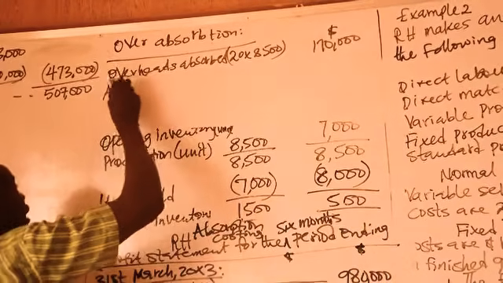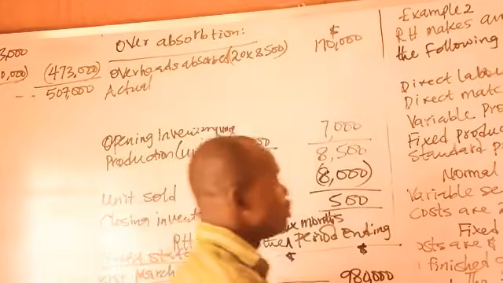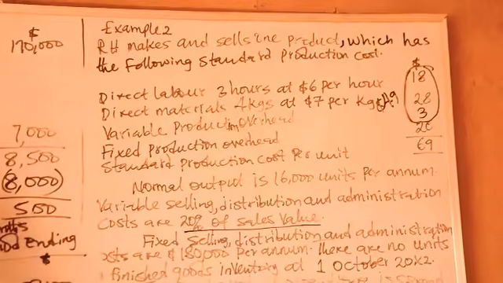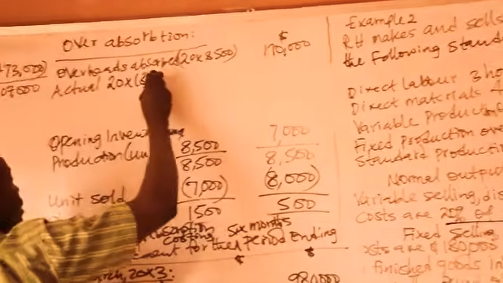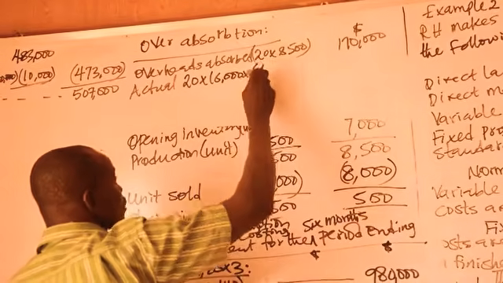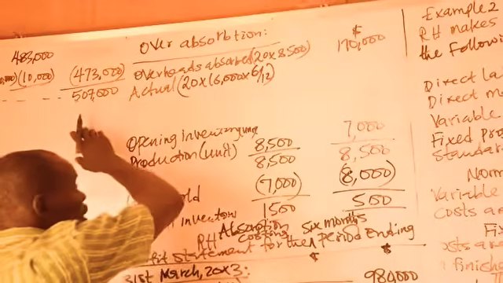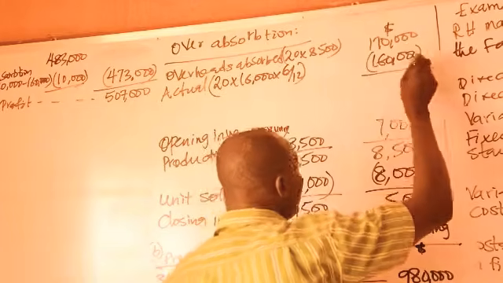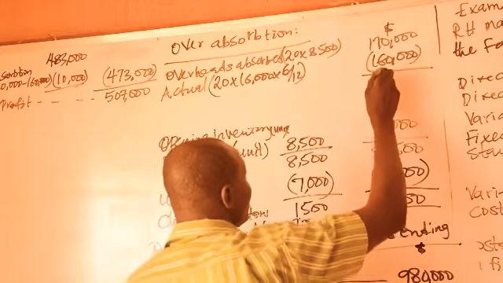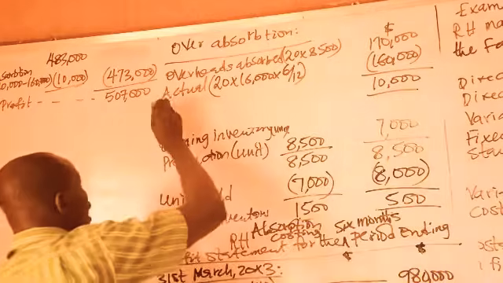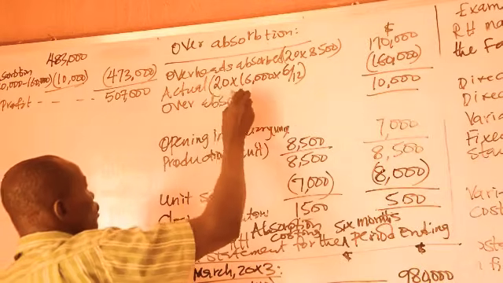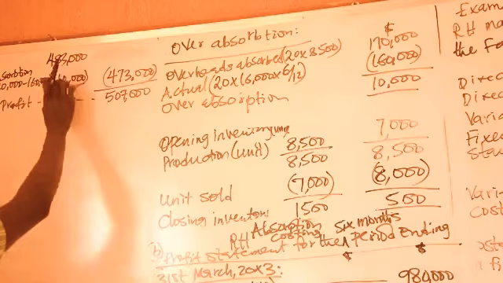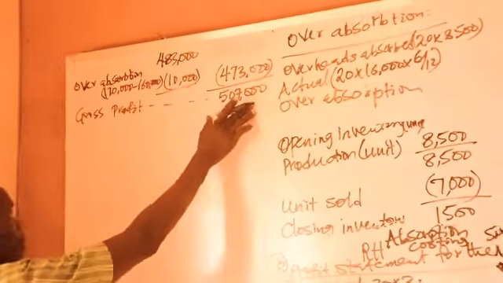Then the actual fixed overheads is 20 times the budgeted output of 16,000 times 6 months out of 12 months, since you are preparing the profit statement for 6 months. That gives us 160,000. So since the one absorbed is greater than the actual, you have over absorption of 10,000. That is how I got this 10,000. This is our gross profit.